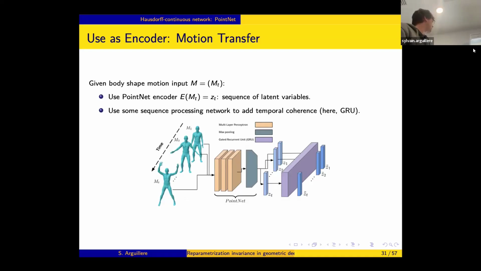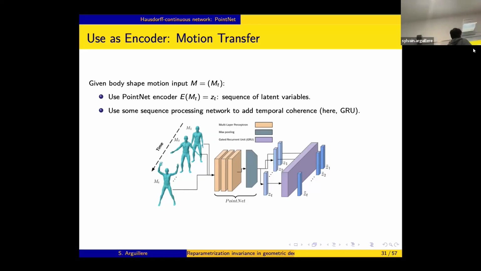We also use this as an encoder for the motion transfer. It's still a pretty rough encoder, but it's good at telling you that something is here, something is here, something is here.